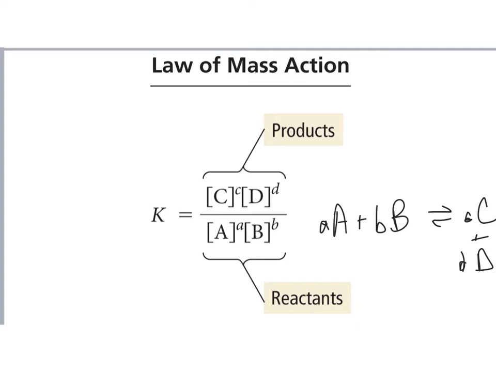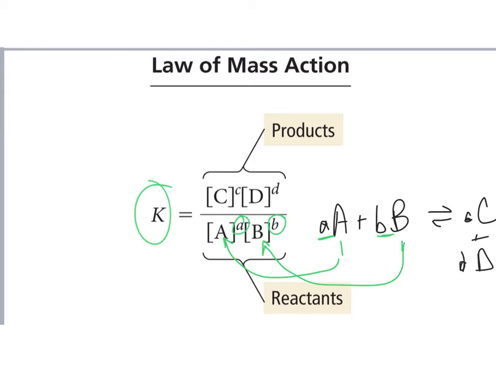But this is then a description of how we can plug concentrations into what we call the equilibrium constant. Okay, so this is the equilibrium constant. Here are reactants A and B. And A and B are stoichiometrically linked. And the link, the stoichiometry, becomes the exponent.